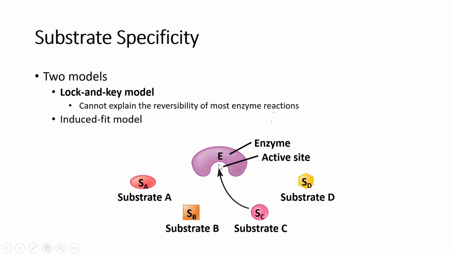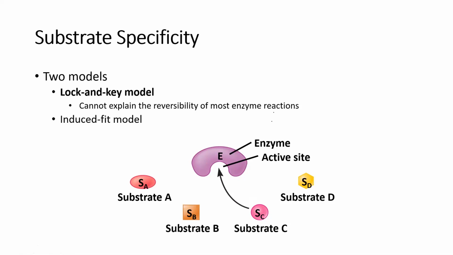So for example, we're saying that this is enzyme E. It's got an active site where the substrate will bind. And so it has a specific fit that will only allow one type of substrate. As we can see here, it's bounded in its shape, and so it's only going to fit substrate C. So substrate C binds, we have the reaction proceed in the forward direction, and then we end up with product and enzyme on the other end.